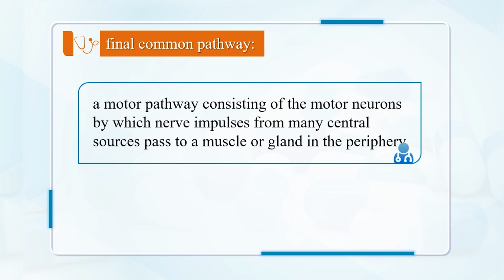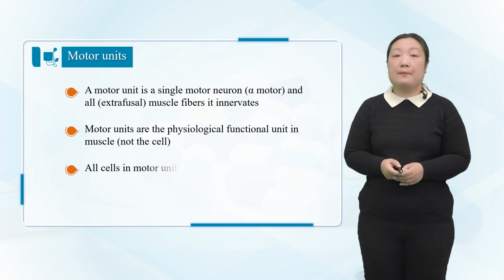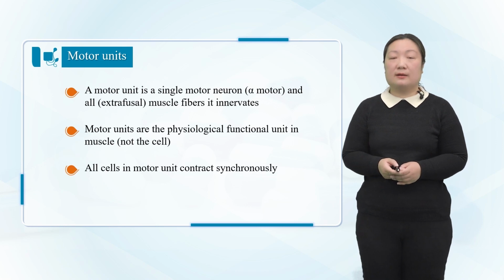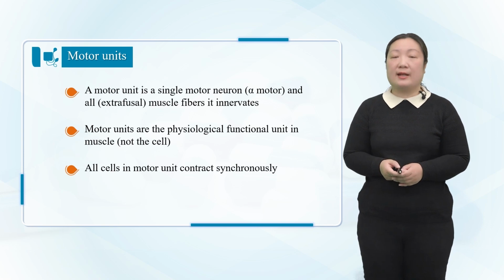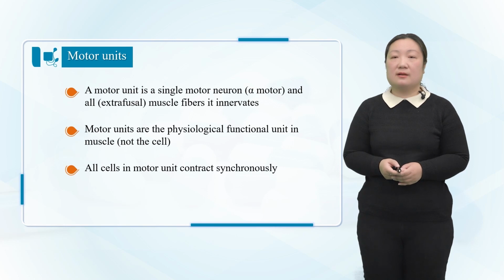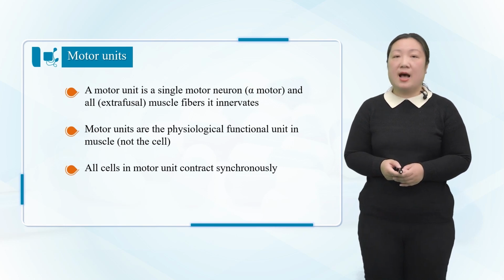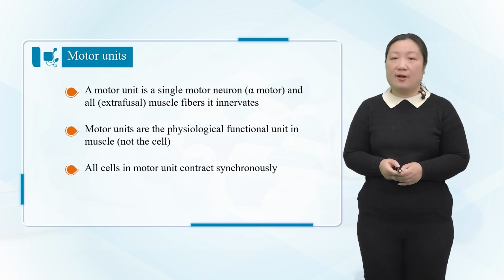A motor pathway consists of motor neurons by which nerve impulses from many central sources are passed to muscle or gland in the periphery. A motor unit is a single motor neuron and all the muscle fibers it innervates. Motor units are the physiological functional unit in muscle. All cells in a motor unit contract together.